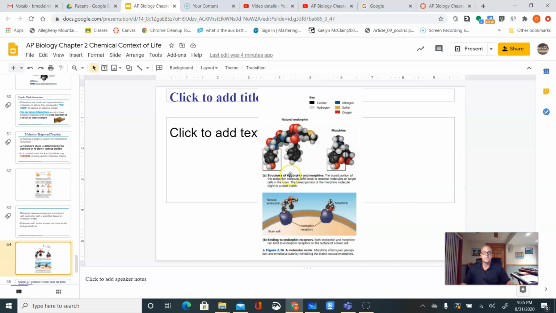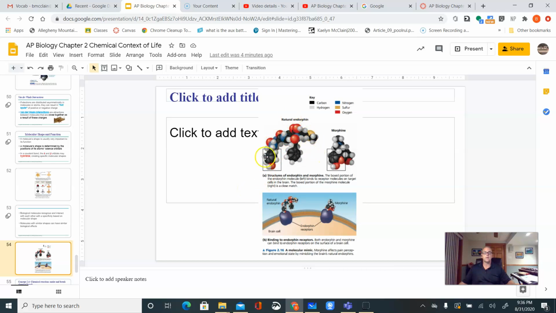So if we take a look at this, the drug morphine, obviously it is capable of having an impact where it's going to block pain and induce some changes at the cellular level. If we take a look at natural endorphins, so you may have heard of a situation where a person has what's classified as the runner's high, a naturally produced pain reducing sensation.